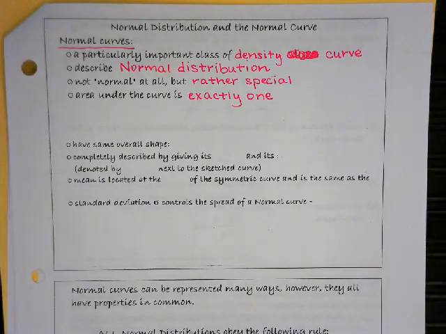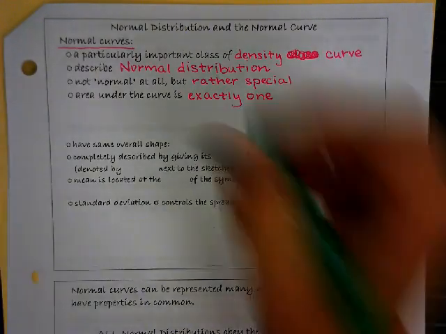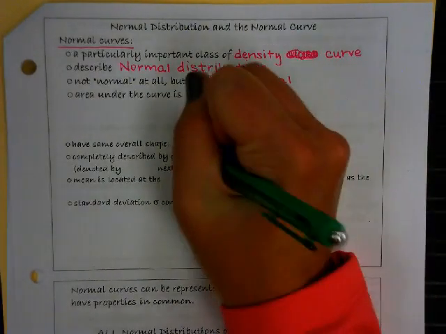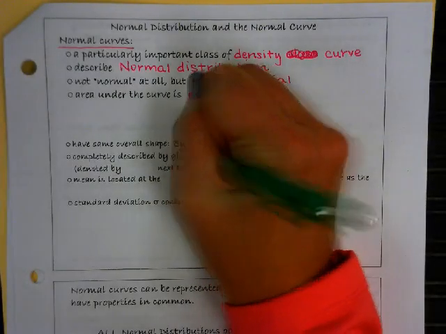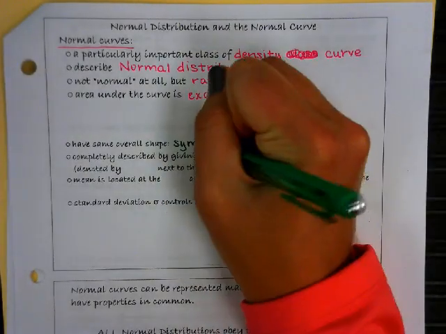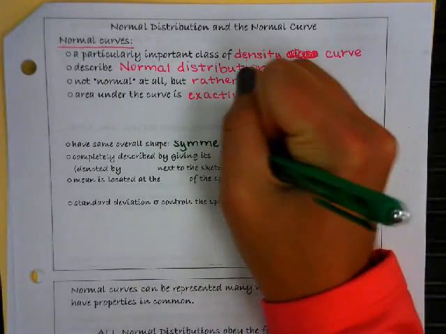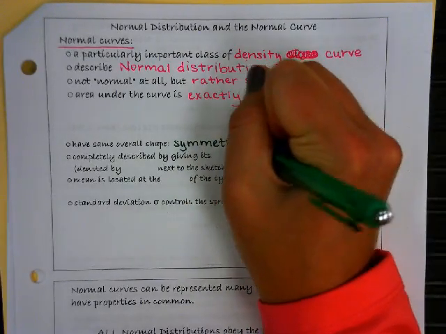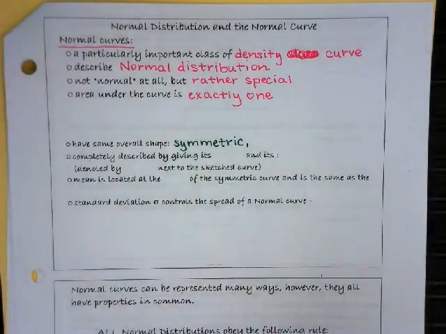All normal curves have the same overall shape. They are symmetric, unimodal, and bell-shaped. So sometimes you have probably heard a bell curve. Oh, the test scores follow a bell curve. They're talking about the normal distribution.